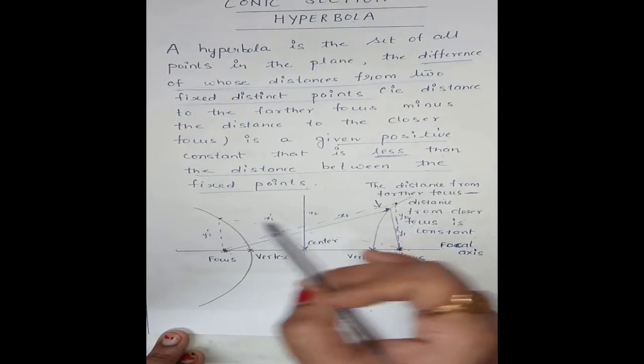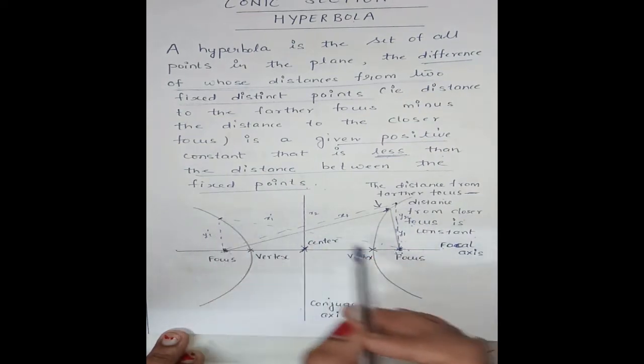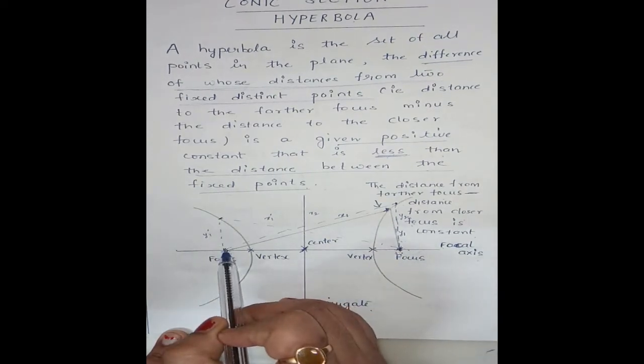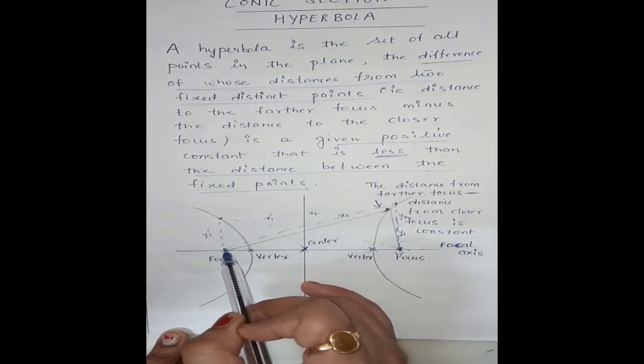It is a constant. In the same way here also, it is a point on the hyperbola. Now this is the farther focus for this point and this is the closer focus. Say this distance is x1 dash and this distance is y1 dash.